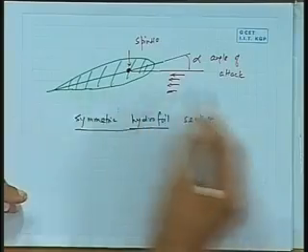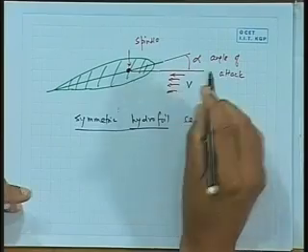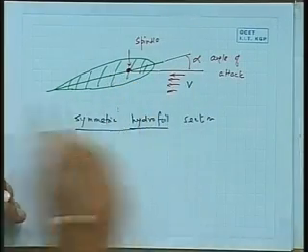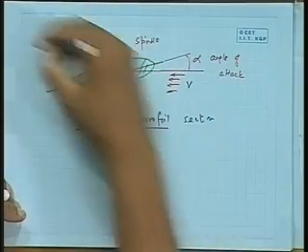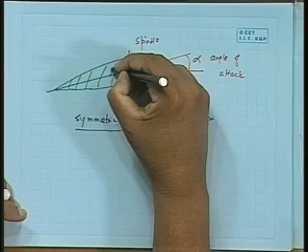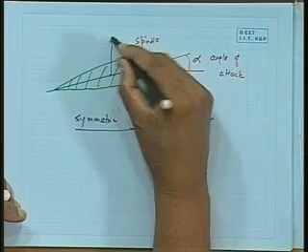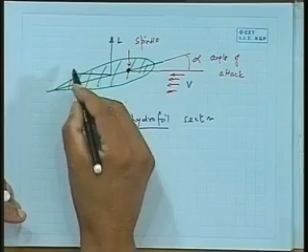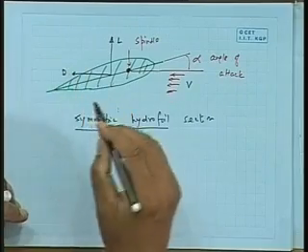Now if you have a velocity coming here, V, what happens is, as you all know, it is going to produce a force in some direction. Primarily there will be a component in this direction which is known as lift force, and there is a component in this direction which is called drag force. Okay.